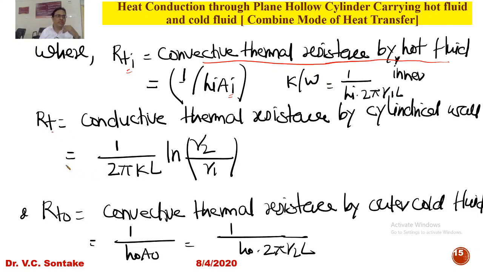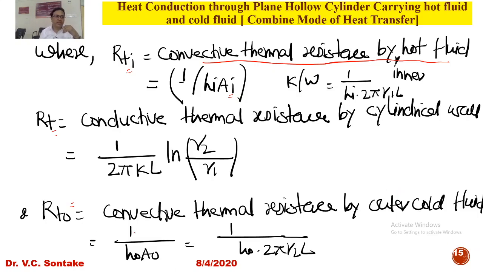RT is the conductive thermal resistance by the cylindrical wall. It can be given as 1 over 2 pi K L into log of R2 over R1, Kelvin per watt. And finally, RTo is equal to the convective thermal resistance by the outer cold fluid film to the path of heat flow.